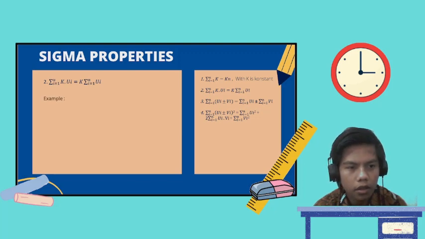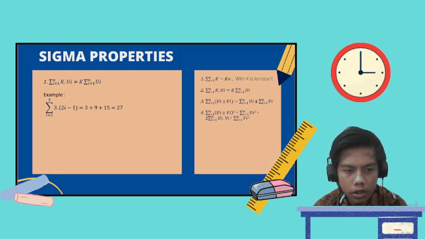For example, sigma i equals 1 to 3 of 3 times (2 times i minus 1), and we can solve that with 3 plus 9 plus 15, so the result is 27.